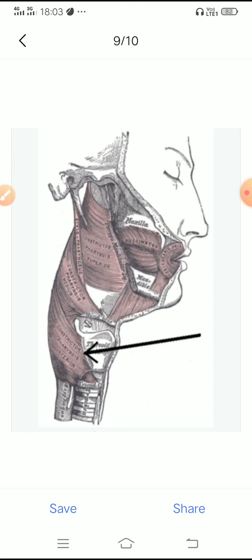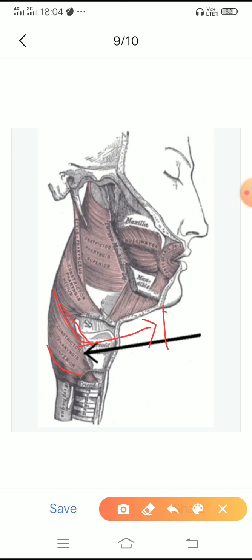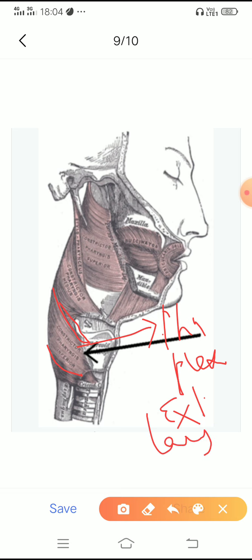So what about the nerve supply? The nerve supply of the thyropharyngeus part, this part, is by the pharyngeal plexus and the external laryngeal nerve. There are two: the pharyngeal plexus and the external laryngeal nerve.